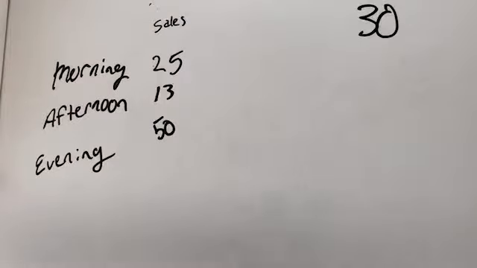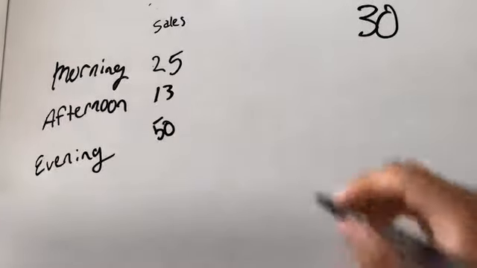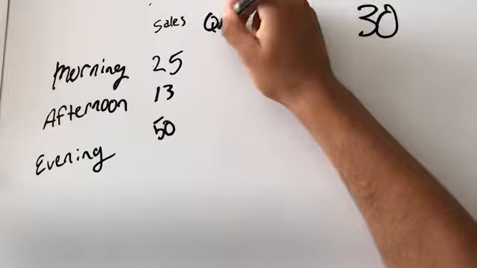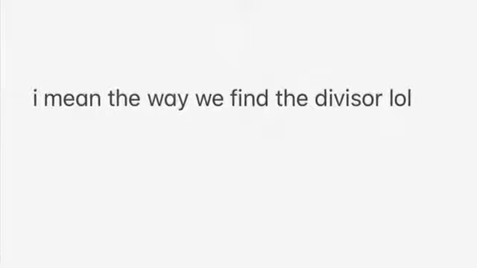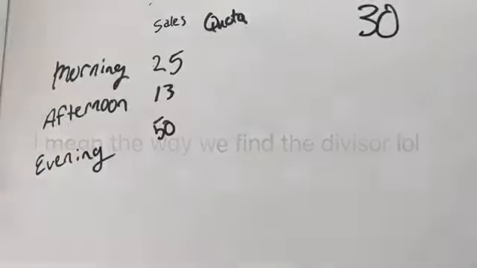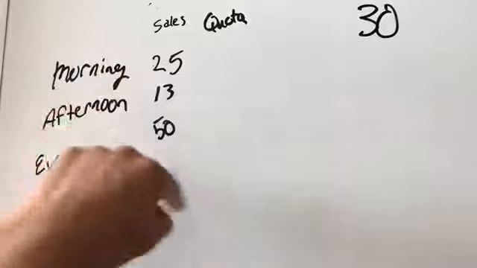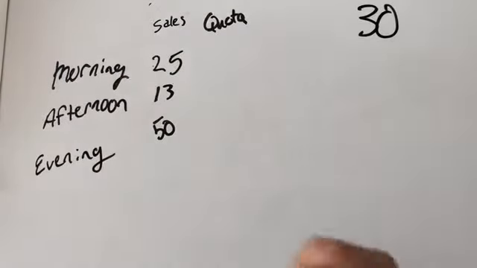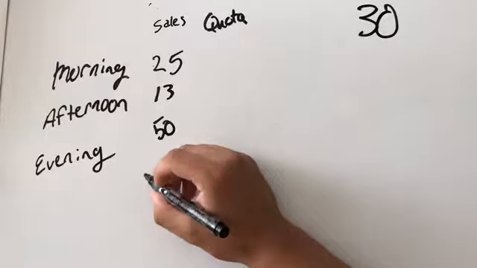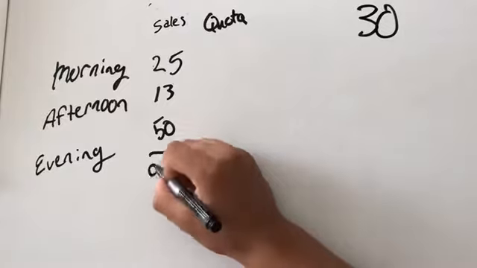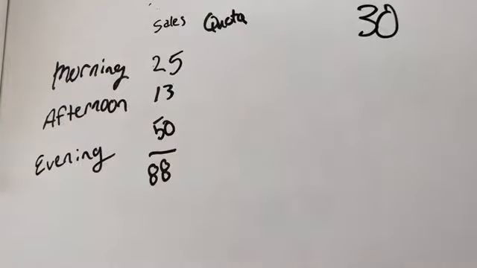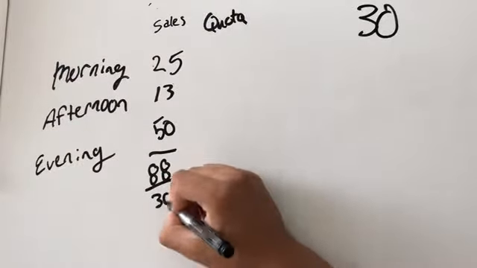Now moving on. So the way to assign the number of volunteers apportionate to the shifts, we have to find a quota. Now the way we find a quota is by dividing the total number of each of these sales, which would turn out to 88, and we would divide that by 30.